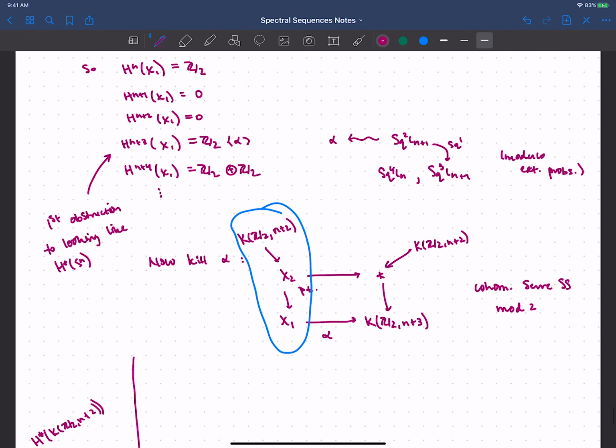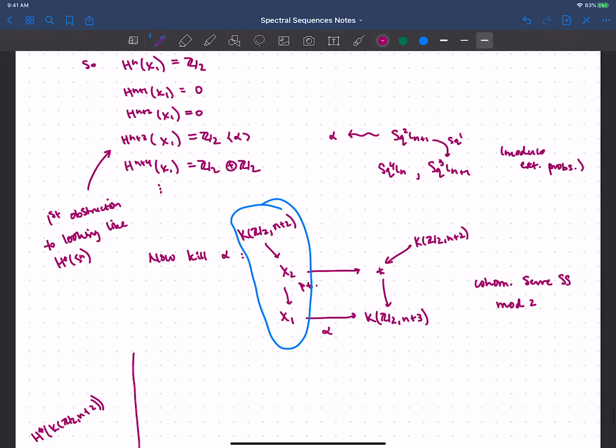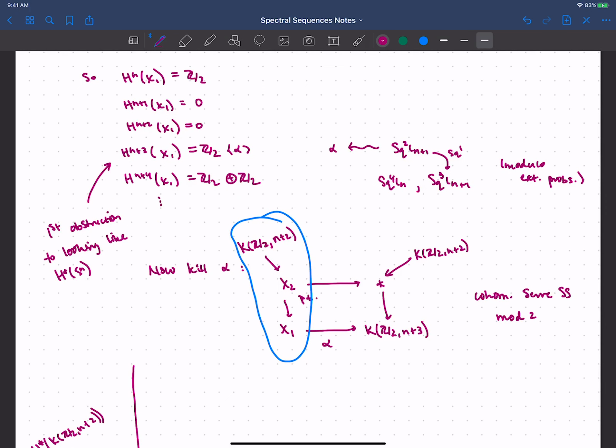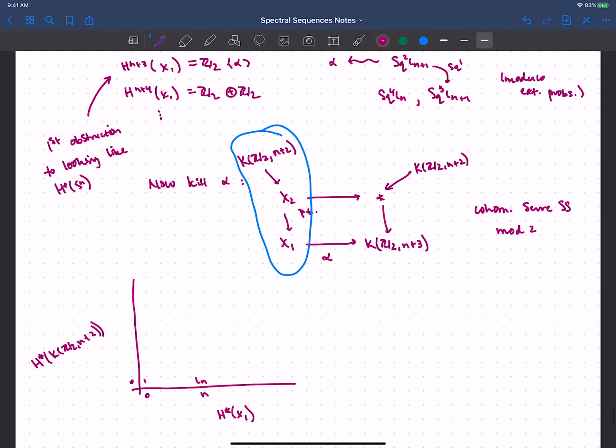Remember, this H^n of X1 was a Z/2, and that showed up there because of iota n, so I'll call it that, even though it's a little bit of a misnomer. Then in degree n+1 we had 0. In degree n+2 we had 0. In degree n+3 we have this alpha. And in degree n+4 we've got two Z/2s.